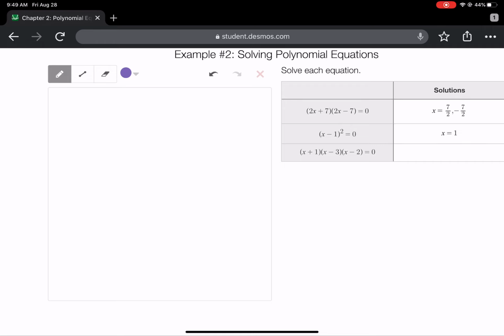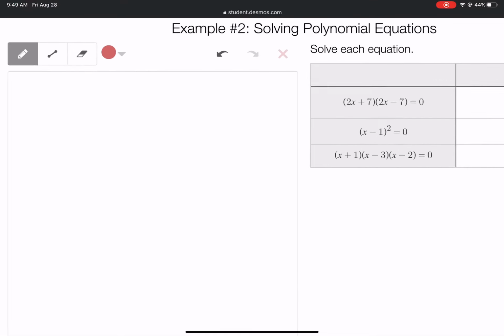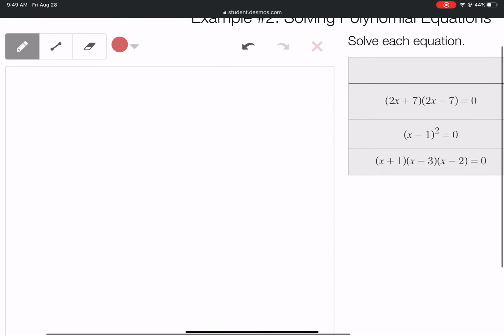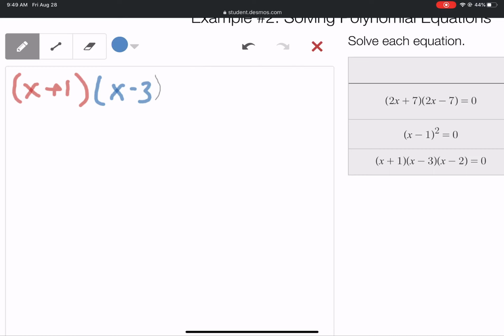All right, and next we have three binomials that are being multiplied and equaling to 0. So I have x plus 1 times x minus 3 times x minus 2, and all of that is equal to 0.